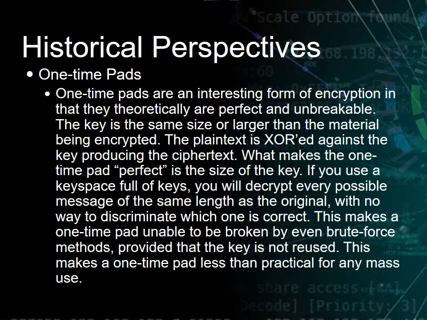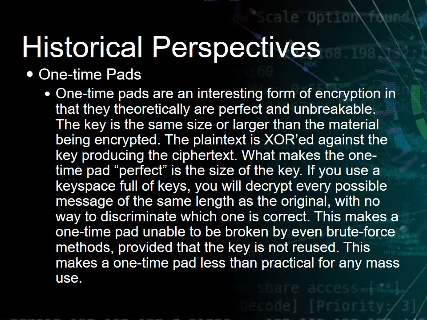Also, from a historical perspective, one-time pads are an interesting form of encryption in that they theoretically are perfect and unbreakable. The key is the same size or larger than the material being encrypted. The plain text is XORed against the key producing the ciphertext. What makes the one-time pad perfect is the size of the key.